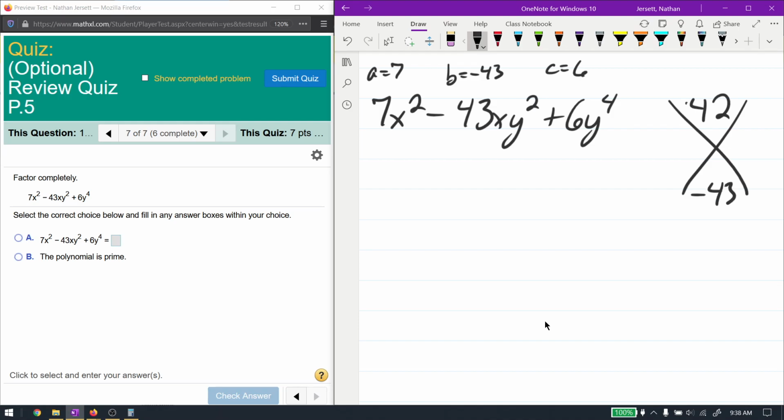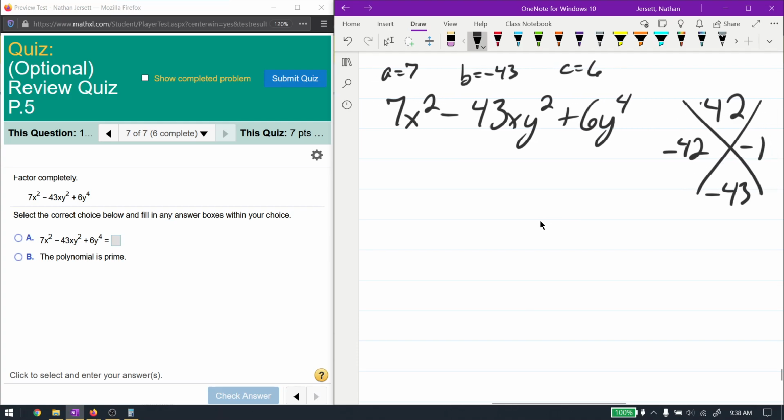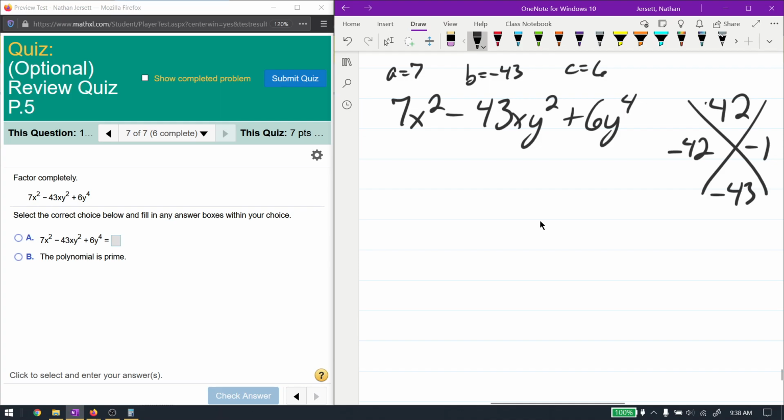So two numbers that multiply to give the top and add to give the bottom. Those two numbers are going to be negative 42 and negative 1. Negative times negative will cancel, giving us positive 42, and they both add to give us negative 43. So this is the correct way. And A is not 1 here, so we have to do the full AC method.